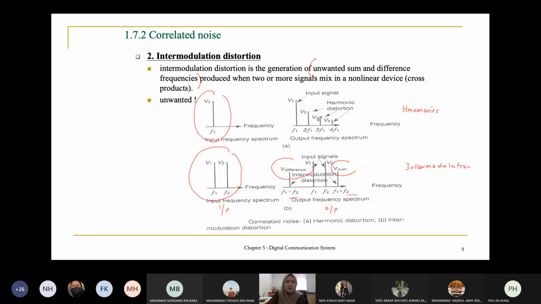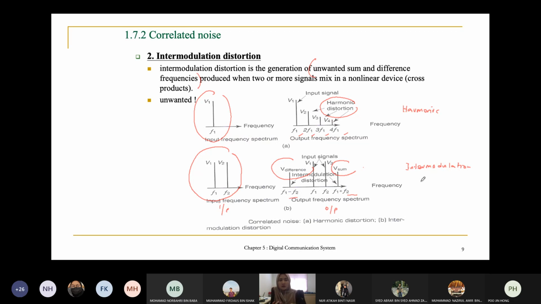The harmonic distortion is the multiplication of V1, so the frequency here is the multiplication of F1: 2F1, 3F1 and 4F1. So this is V2, V3, V4 harmonic distortion. V difference and V sum are the intermodulation distortion. Okay, so we understand?